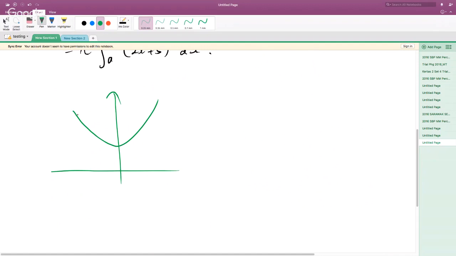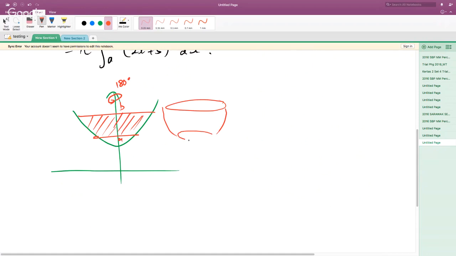And then the question basically tells you something like this, maybe from A to B. Because this one is symmetrical, for this kind of case, if rotate on the y-axis, you will always rotate 180 degrees because you will form the volume already. You will form a total. It's not like a cone, but you will form something that looks like a cone. Actually, if rotate, it will look like a cup, like this.